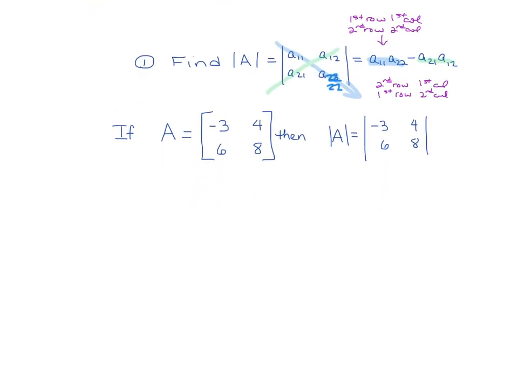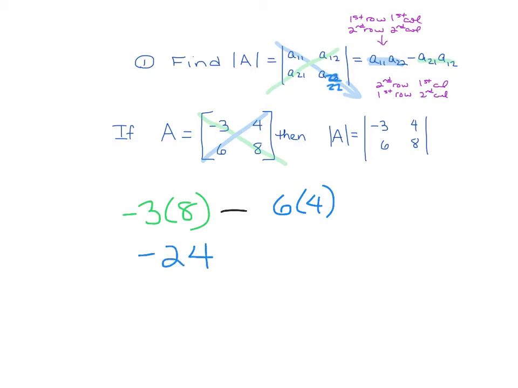So I'm going to multiply first the negative 3 times the positive 8. I'm going to subtract 6 times 4. And the value will be negative 24 minus 24, and the value of the determinant is negative 48.